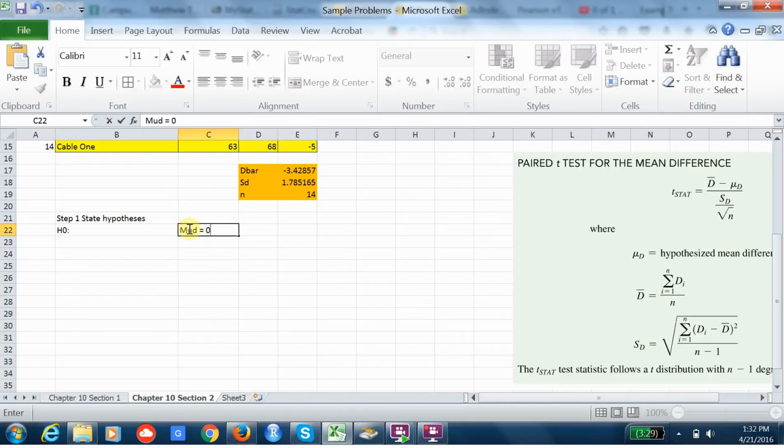Okay, I'll do capital D. This is saying that the mean of the differences is 0. And of course the alternative is that the two averages are different, which is the same as saying that the mean of the difference is not equal to 0.